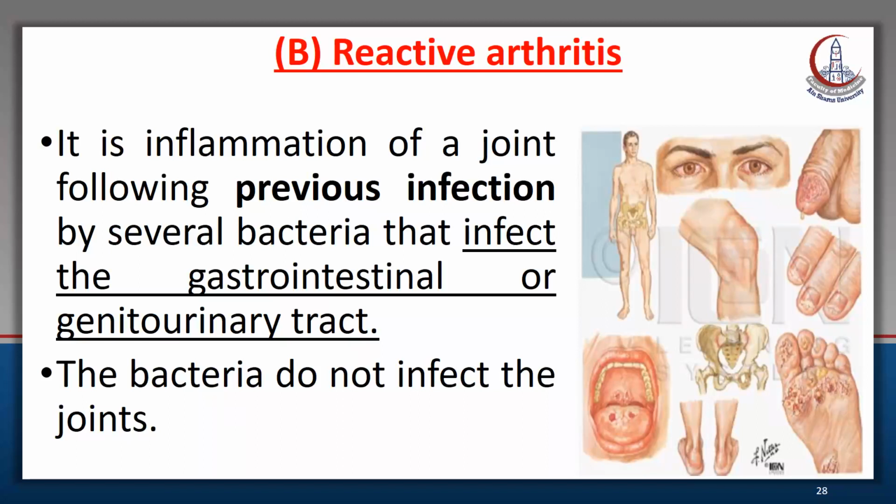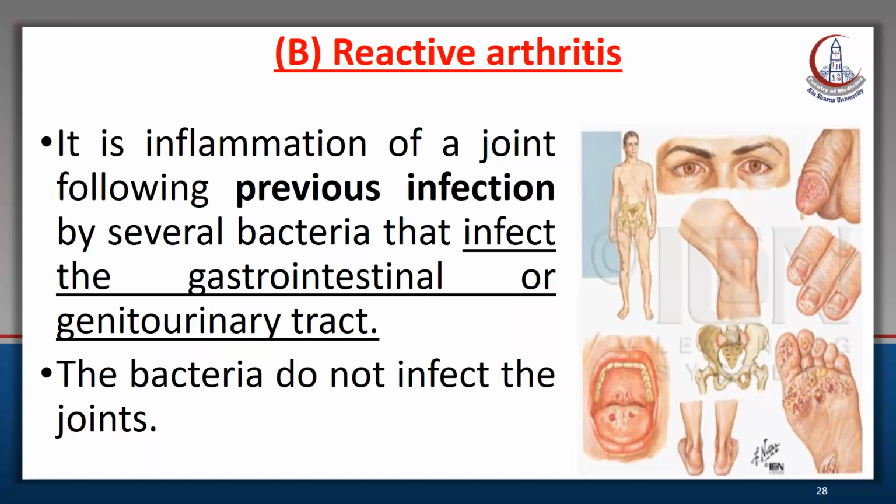Reactive arthritis is an inflammation of the joint following previous infection by several bacteria that infect the gastrointestinal or genitourinary tract. The bacteria don't infect the joint by themselves. So reactive arthritis is a sequelae of a previous infection by several bacteria, but there is no bacteria inside the joint.